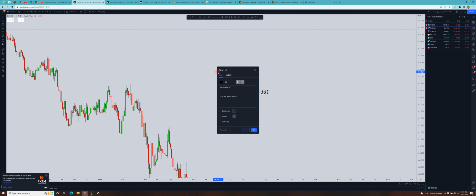And if you win the remaining five, you will make 30 times five, that's $150. So if you subtract your loss from your win, you will be left with $100.